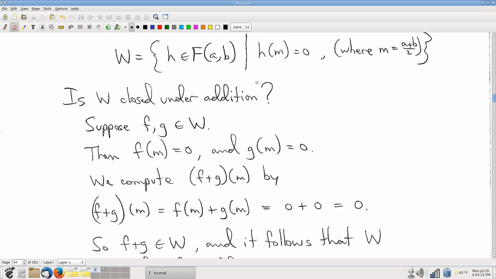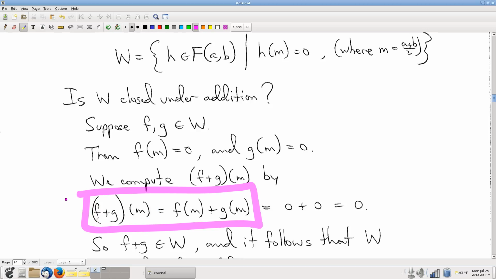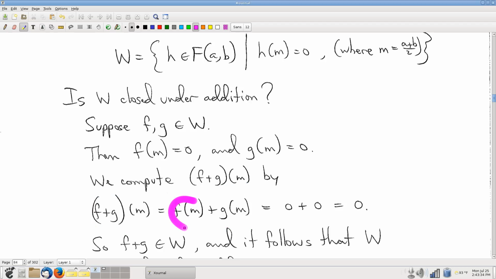Well, we're going to test that by taking this F plus G and plugging in M. And we hope we get 0. So I'm going to compute F plus G of M. All right, well, here's our definition of how to evaluate the vector sum F plus G. Conveniently, we already know that F of M is equal to 0.